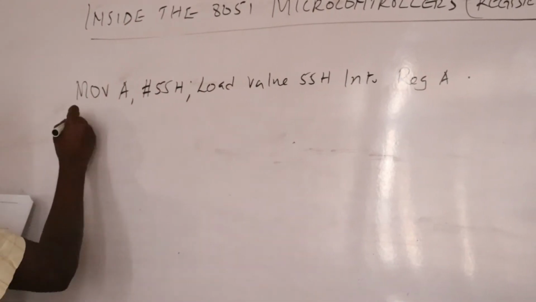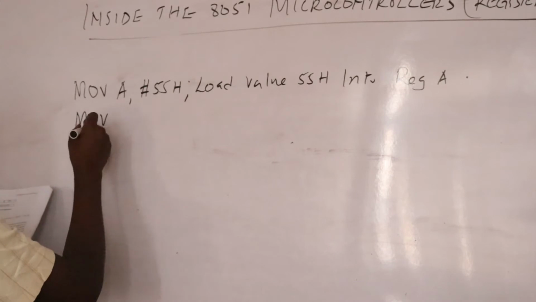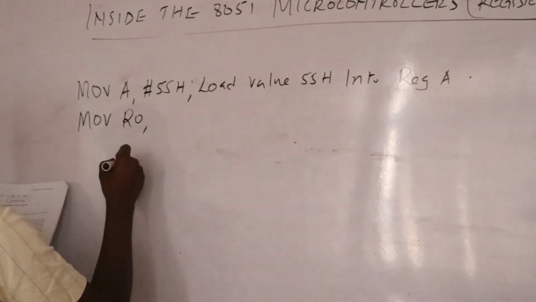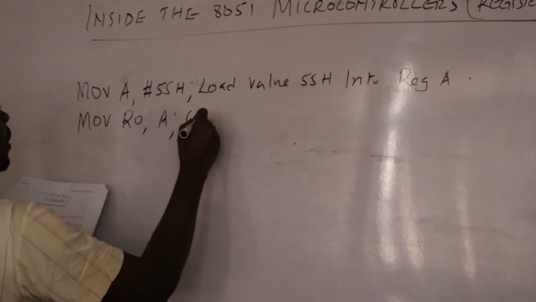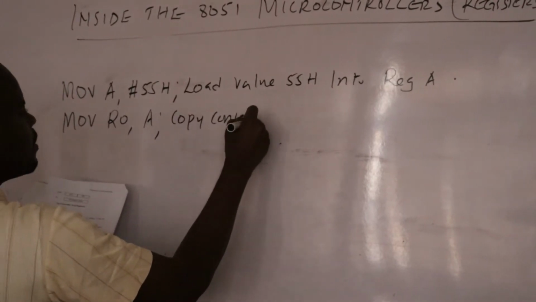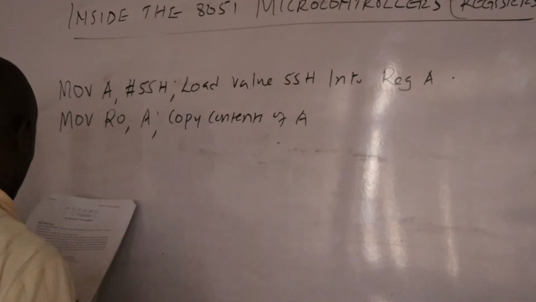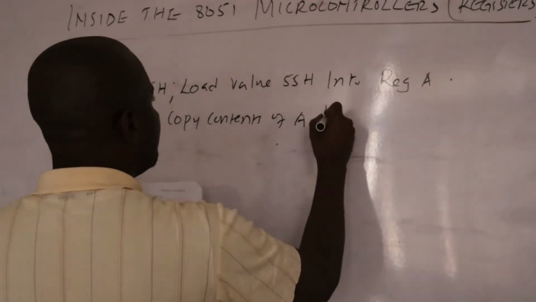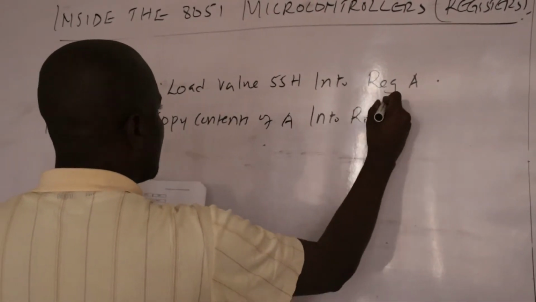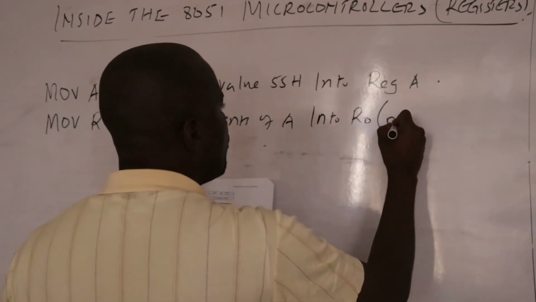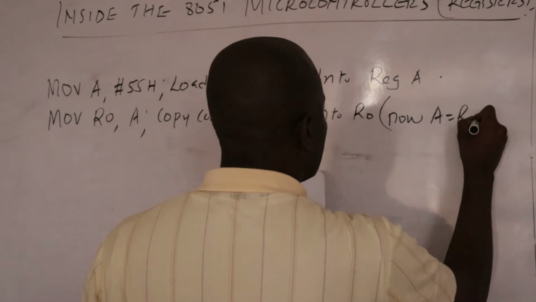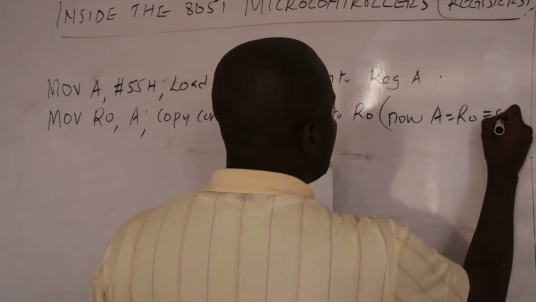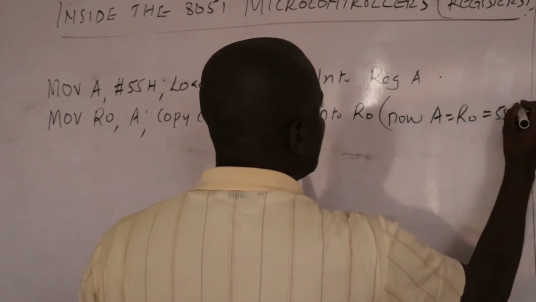Then MOV R0, A. It means that you copy the contents of A into R0, so now A equals R0, which will be 55H.